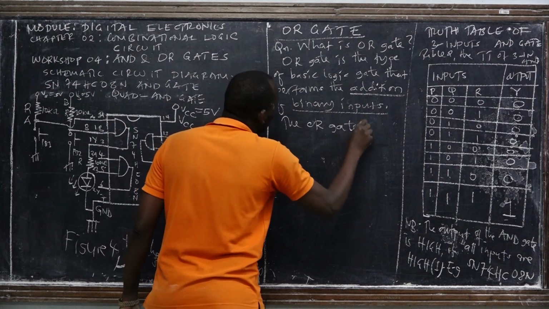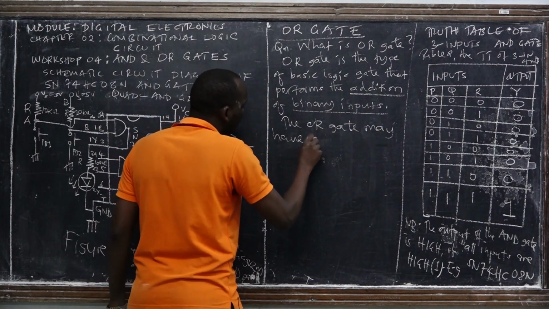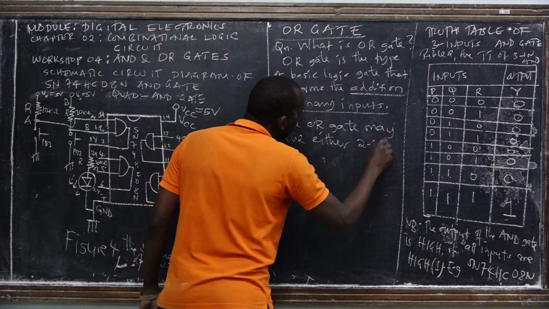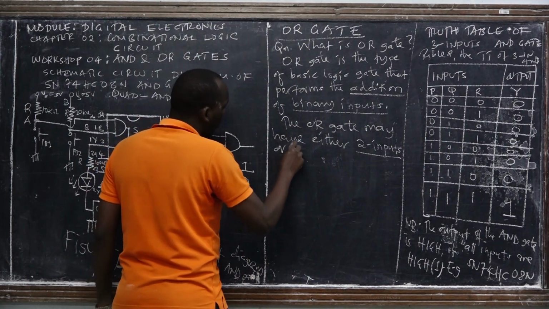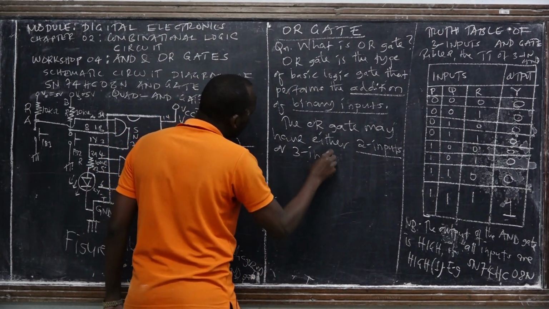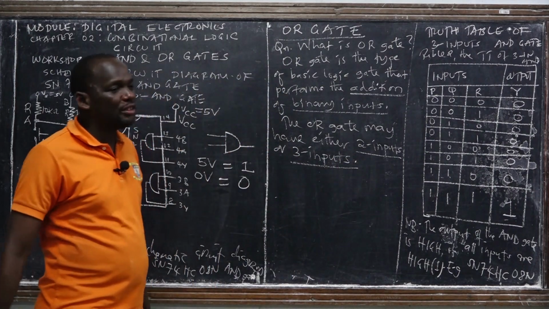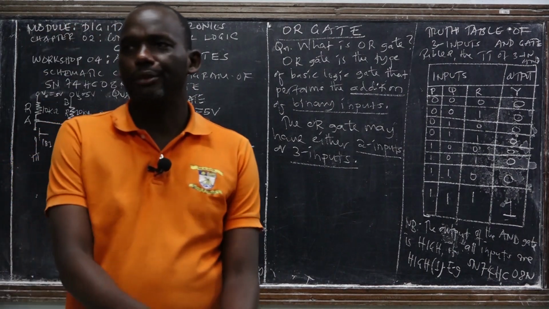Then we say that the OR gate may have either 2 inputs or 3 inputs.